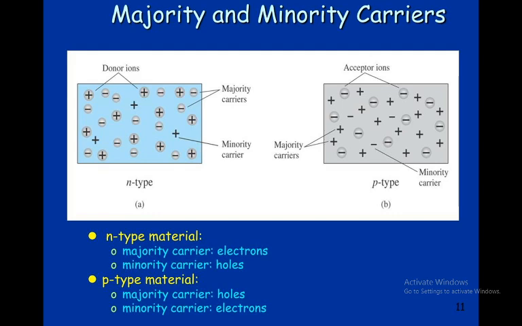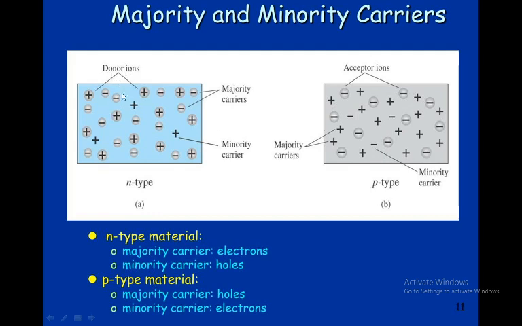Because of the presence of holes here, electrons can easily move into the p-type material. So we say these ions are acceptor impurity, but the holes here you see are not encircled, so they are the majority carrier.